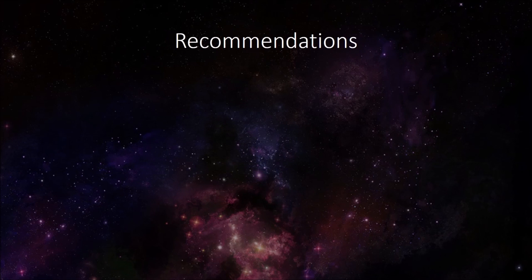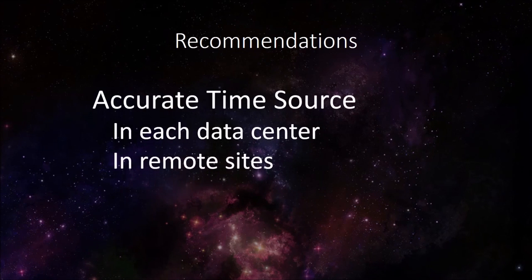Based on how time synchronization works with Windows, we can derive some simple recommendations. One important point is that you need a stable and accurate time source. And the more network hops between the client and the time source, the less accurate time will be. That means you should have an accurate time source like a GPS-based appliance in your data centers.